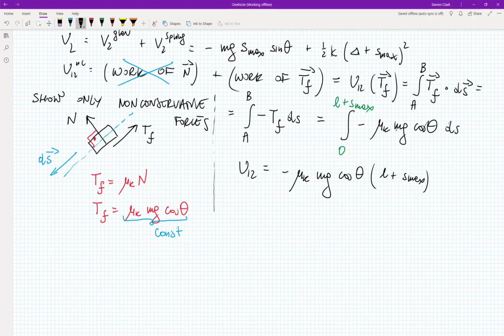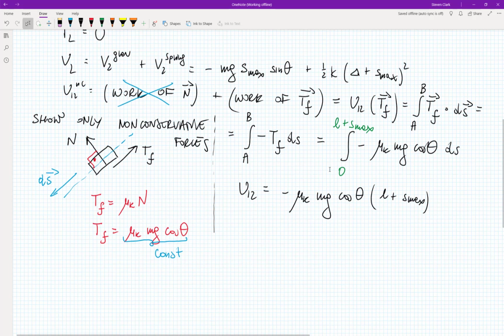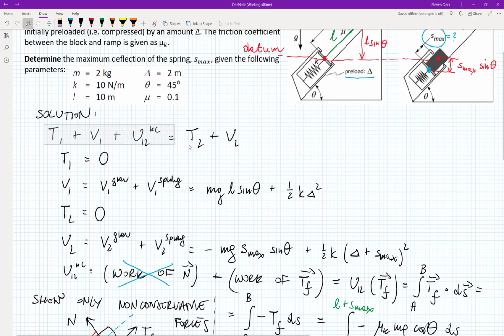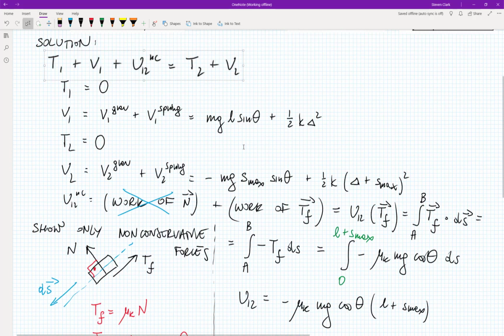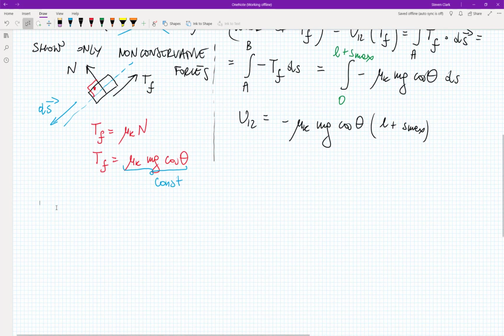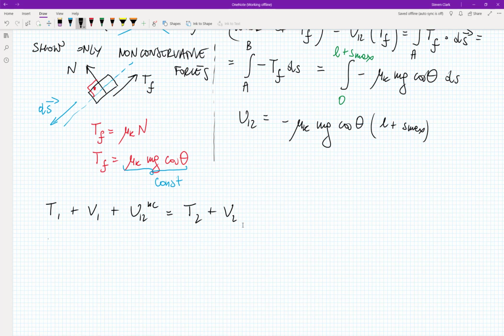Okay, guys, so what? 100% of the problem done. The rest is mathematics. I'm just going to plug these 5 expressions we just found into this formula. So I think that T1 was 0.